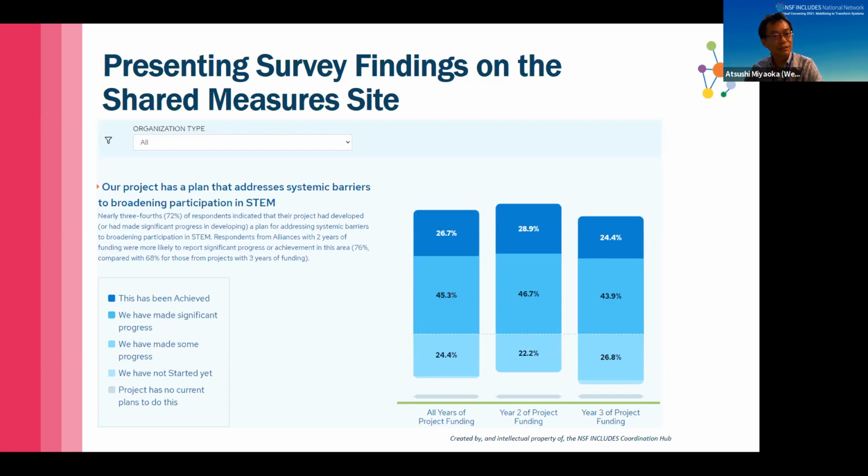Rather than using simple composite scores, we analyzed project level data using item response theory and confirmatory factor analysis. Without going into too much detail, these approaches can assess the reliability and construct validity of the measurement.